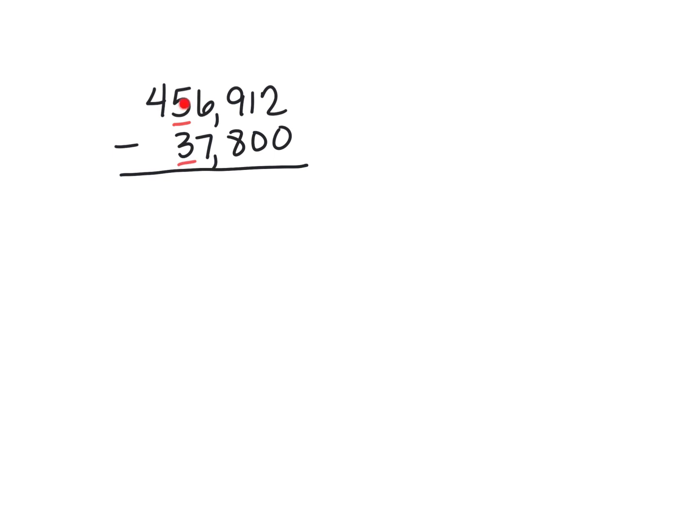I will look at the neighbor for the 5. It is a 6. That is an up number, so this is going to go from a 5 up to a 6, and I will have 460,000. And on this one, this is a 3. I'm going to look at his neighbor. That is a 7, an up number. So he tells 3 to go up to a 4, and I will have 40,000.